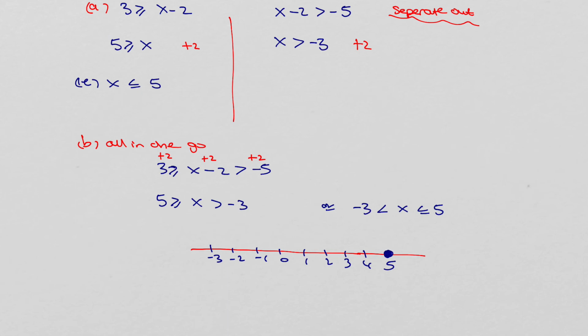And it's less than 5, but it goes as far as minus 3, and it's not equal to minus 3. So in that case, I'm shading a line all the way between 5 and minus 3, because x is an element of the real numbers. If it was a natural number or an integer, we would just be putting dots on 5, 4, 3, 2, 1, 0, minus 1, and minus 2, and none on minus 3.